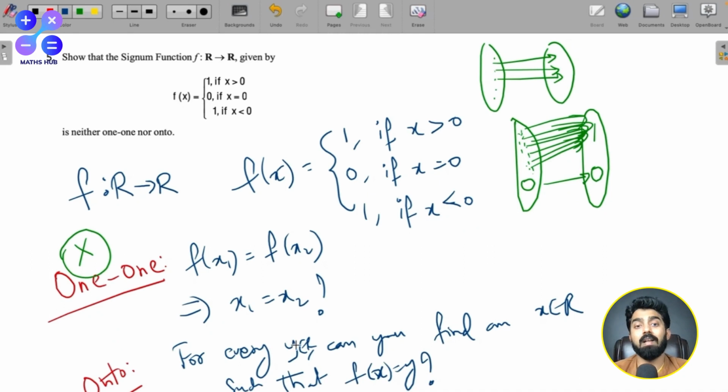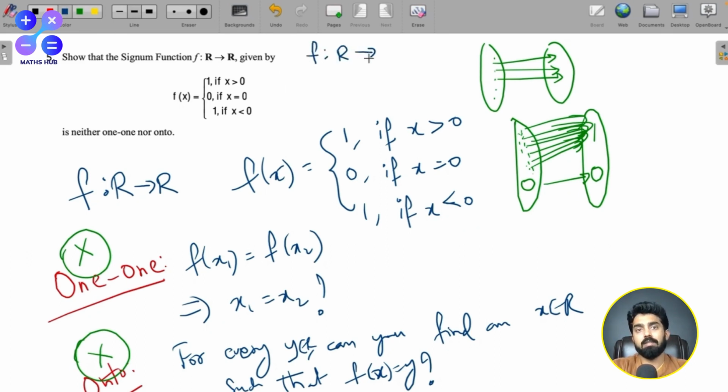You have only two values of y in R. Every other value of y has nothing, you cannot get those values, right? Whatever x you input, you're only going to get 0 and 1. So literally everything else apart from 0 and 1 in y does not have an existence, and that's why it cannot be onto.